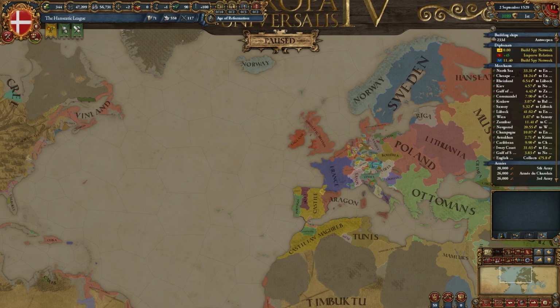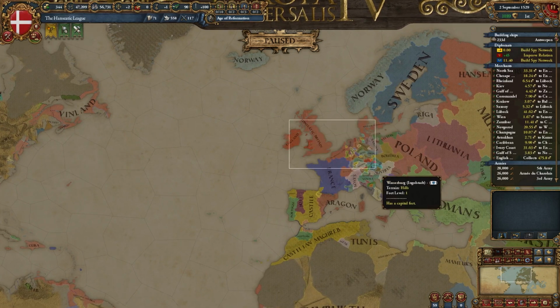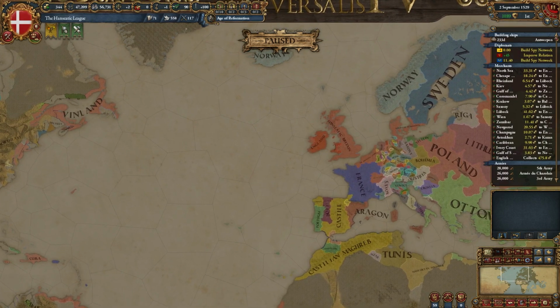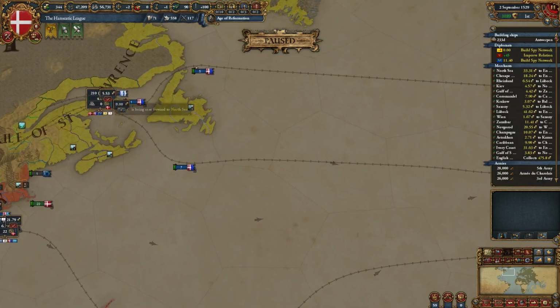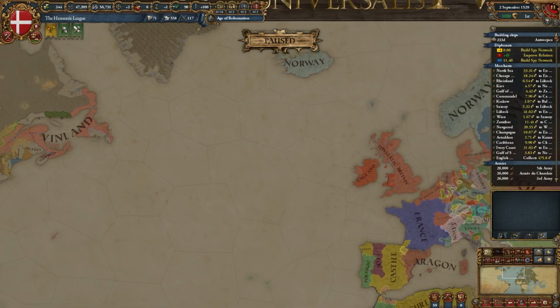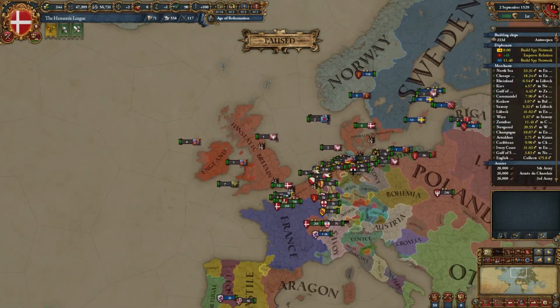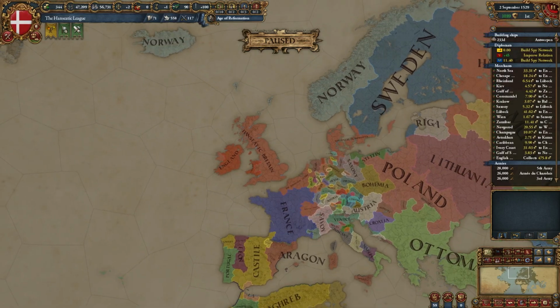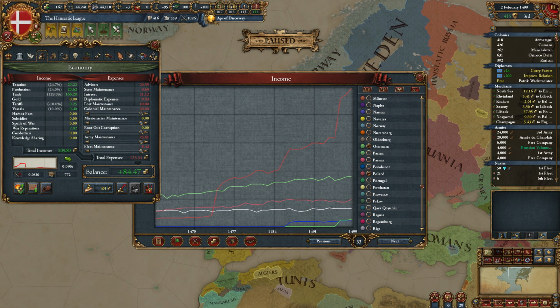You'll notice after I conquered the British Isles over here and started already with Vinland and obviously getting the trade over into the North Sea and then into the English Channel, my income at that point, around 1500, reached already 200 income. 200 income in 1500, that's actually a lot.